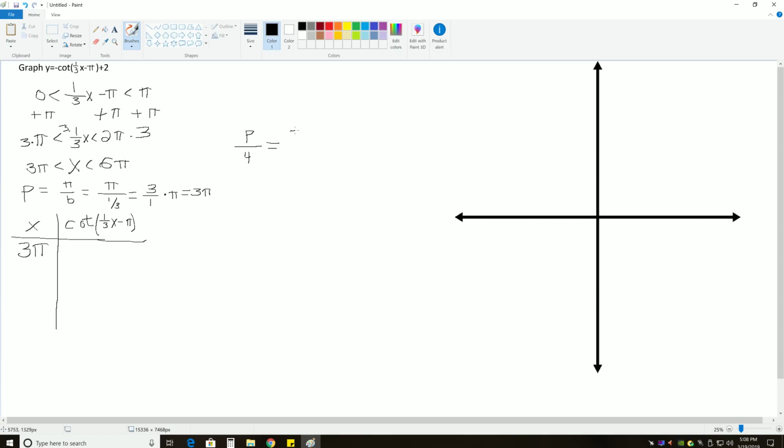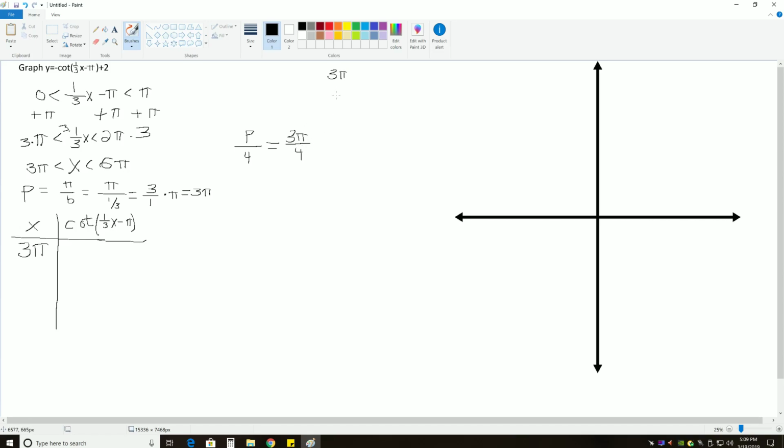So p over 4 is 3 pi over 4. There's nothing to simplify there. So we'll add that to 3 pi 4 times. So off to the side, I'm going to convert 3 pi to have a base of 4.